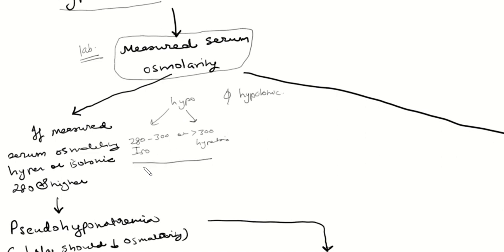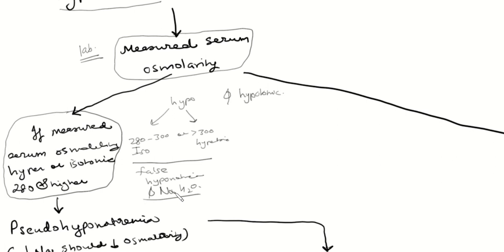This, ladies and gentlemen, is false. This condition is false hyponatremia. We covered it in video 1, the video previous to this one, where this is not a problem of sodium and water. This is something else. Okay? So let's look at it.